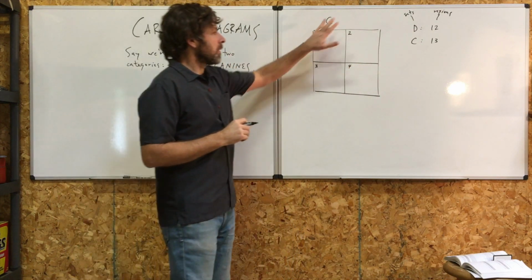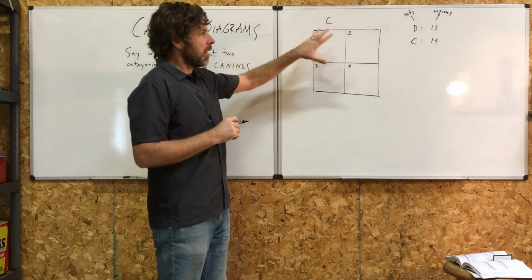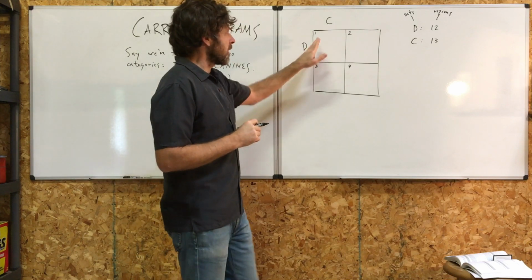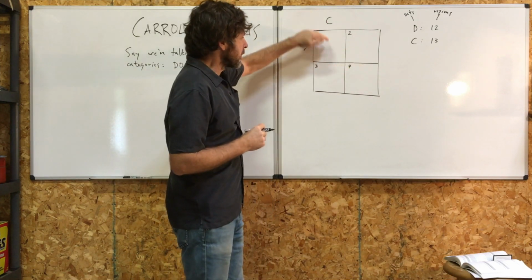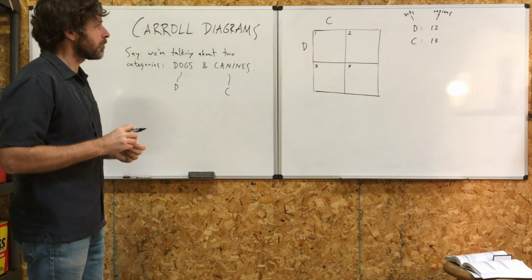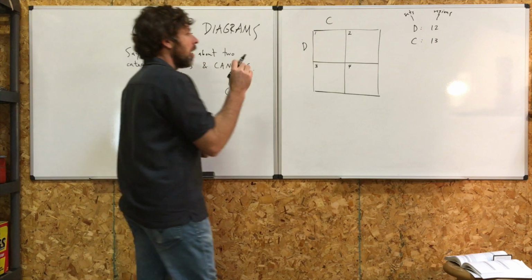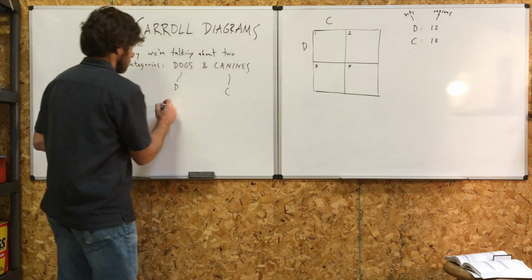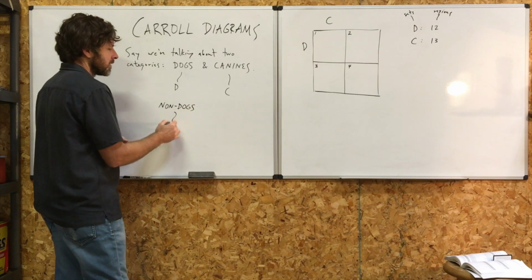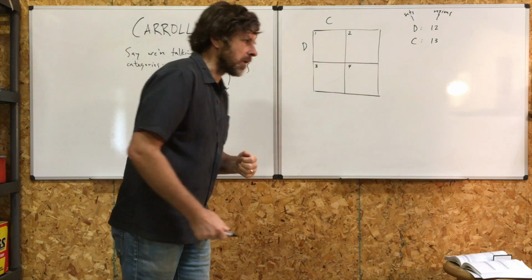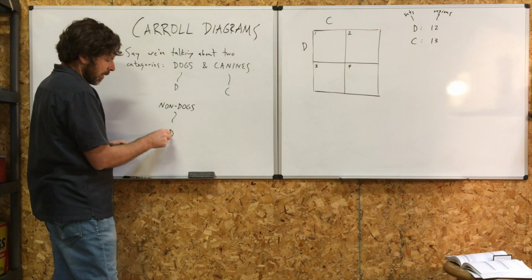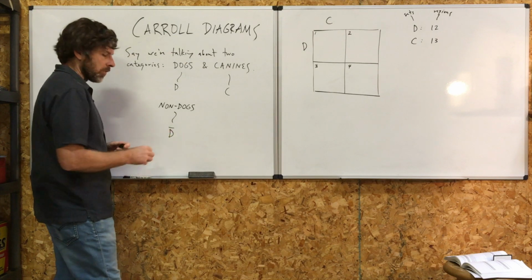Now let's talk about the other possible combinations. Dogs are represented by 1 and 2. Canines are represented by regions 1 and 3. Non-dogs, that is, anything that is not a dog, is going to be represented this way: capital D with a line over it.